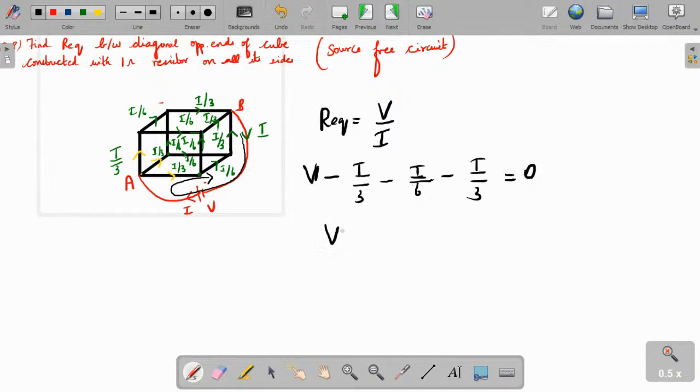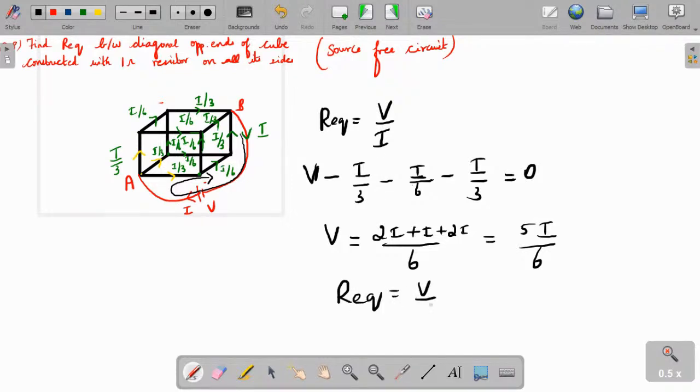So what is V? Taking everything to the right side, the LCM is 6, so we get 2I plus I plus 2I. So you get 5I by 6. We need the V by I ratio. So R equivalent is equal to V by I, which is equal to 5 by 6 ohm.